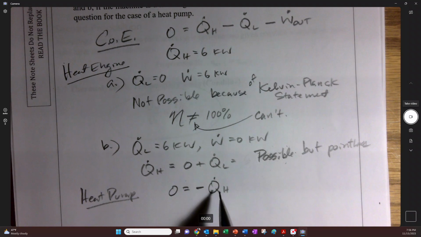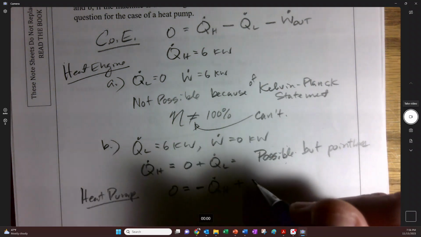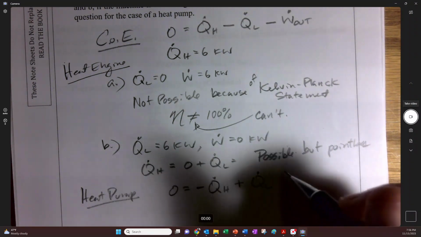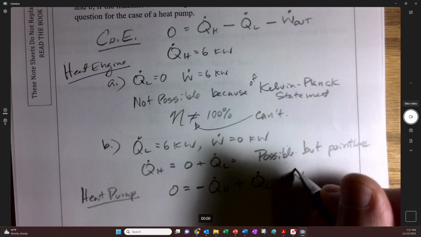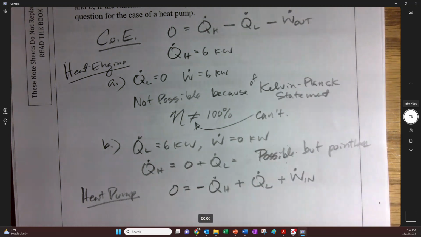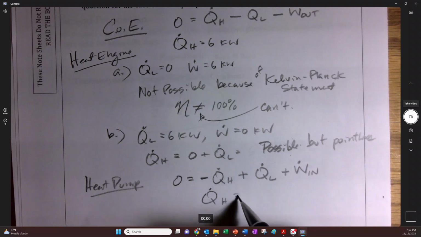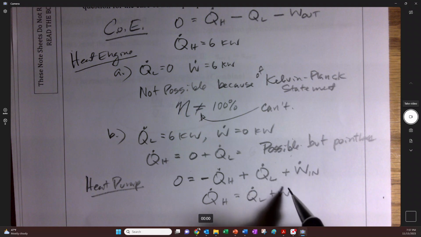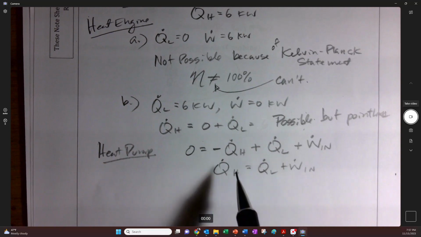The high is actually the heat out. This is the heat coming into the house in a heat pump. And the low is what we're putting into the engine, and that's requiring work in. So this is the formulation we would take. You still have QH is equal to QL plus W in, just as you would up above, but now we're in a heat pump.